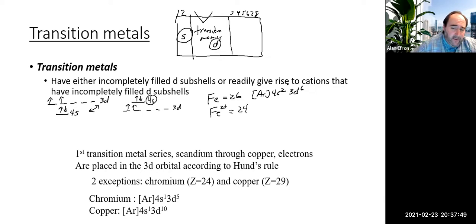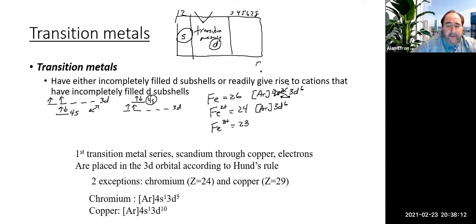Even though they go into the s first because they're lower in energy, because of that switch that occurs between these two, those 2 electrons would be the ones sacrificed, and it would be argon 3d6. If we went to iron with a +3, that means it actually has 23 electrons.